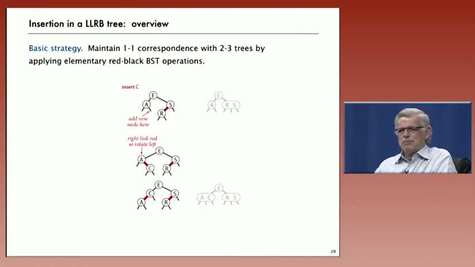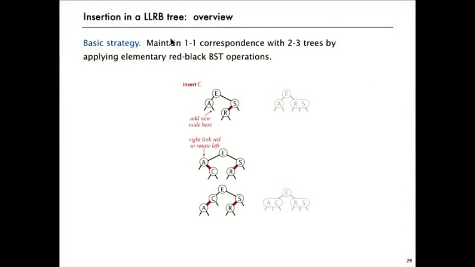So here's an example. If we want to insert C into this red-black tree, which is a representation of this 2-3 tree, then C is going to be less than E, greater than A, so it'll get added as the right link of A. And every time we add a node, we just create a red link to its parent, and so that's changing the 2 node into a 3 node.